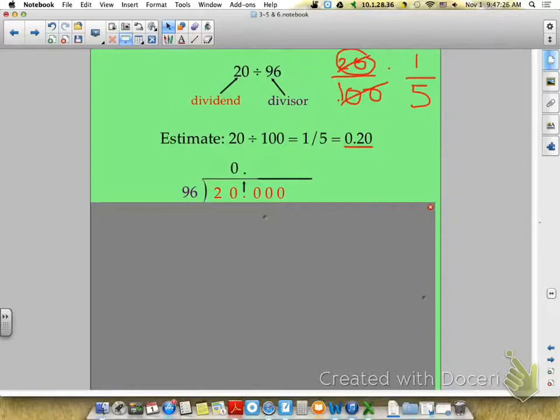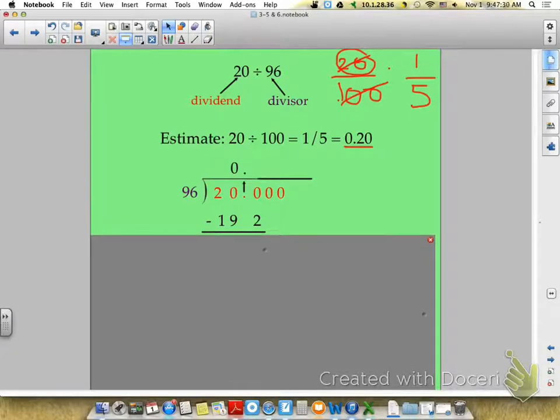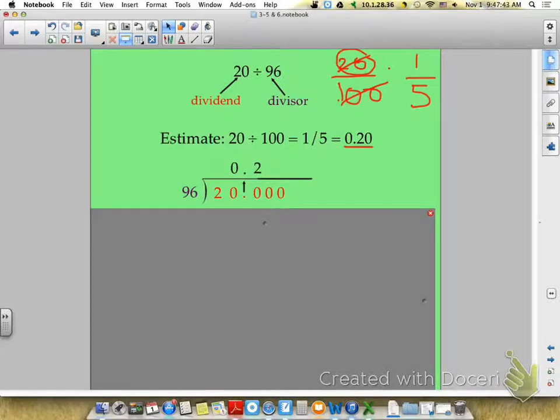Now I'm ready to bring down the 200. Bring down the 0. And how many groups of 96 do I have in 200? That's like saying how many groups of 100 are there in 200? That's 2. Right? So 2 times 96 is 192. Subtract the 2.